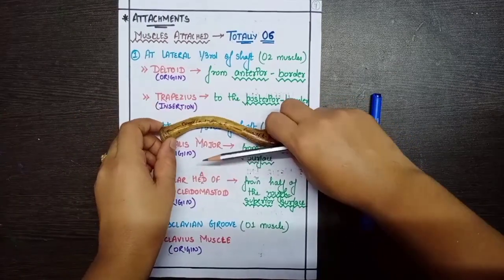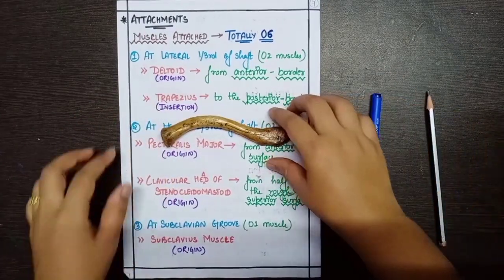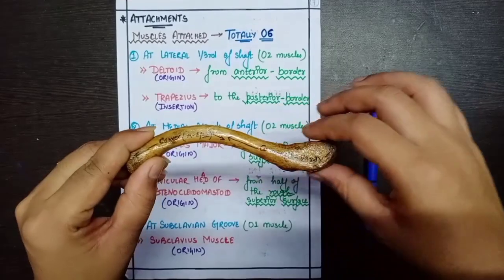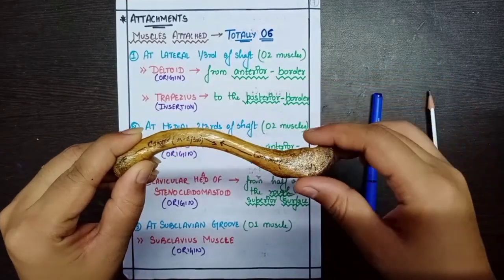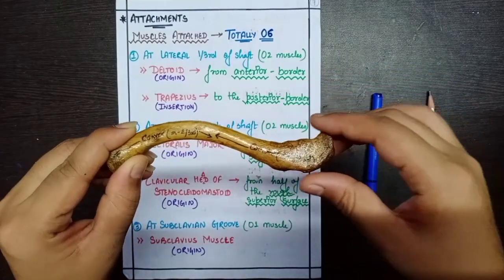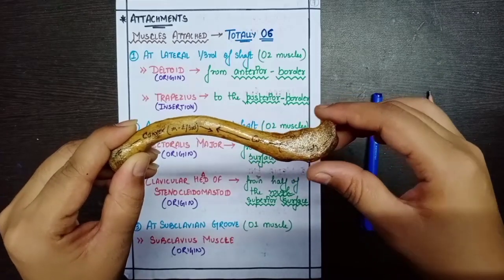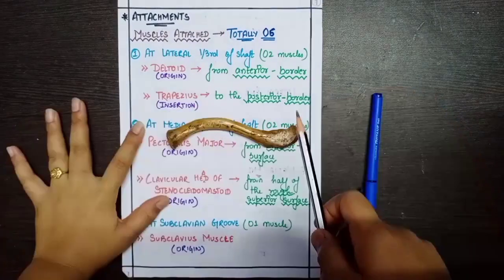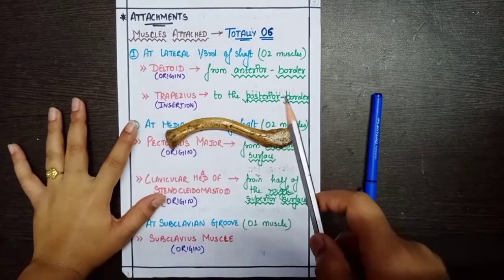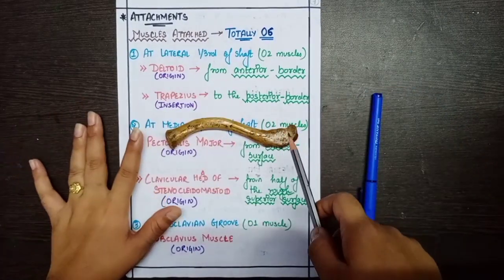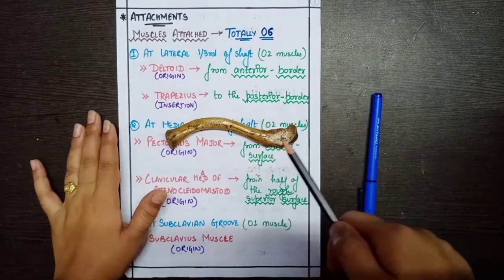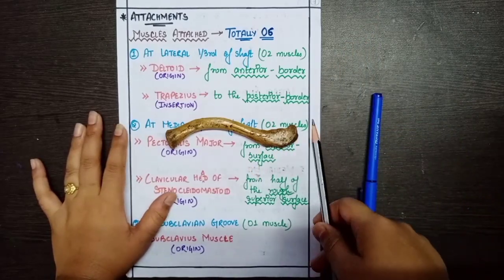So first we'll go through the lateral 1/3 of the shaft. This is your lateral 1/3 of the shaft. See, you have muscle attachments. Some of the muscles are originating from the clavicle and some of the muscles are getting inserted into the clavicle. If you refer to the muscle attachment diagram in the textbook, you will find that half of the muscles are colored in blue and half are colored in red.